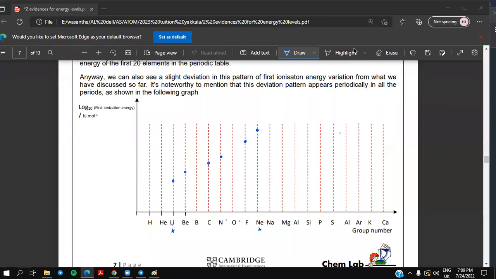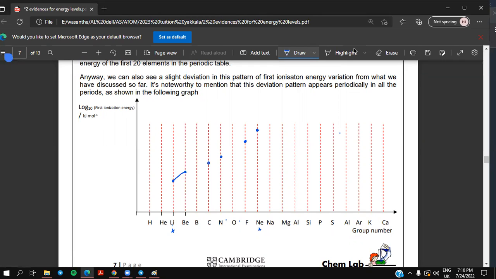Here I have shown how the first ionization energy varies from lithium to neon. But you can see for boron and for oxygen, I have not shown a value. It is because for boron, the value comes down a little bit from beryllium. Lithium to beryllium, it increases. But from beryllium to boron, it doesn't increase in a straight line.